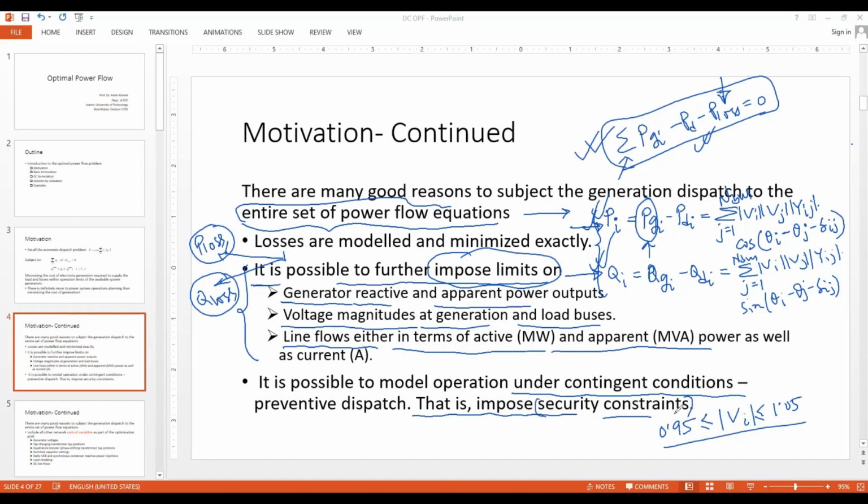That means if we can somehow deviate from the conventional ELD problem, there are many different scopes available to us, which will give us some additional information which is not possible to obtain through the conventional ELD problem.